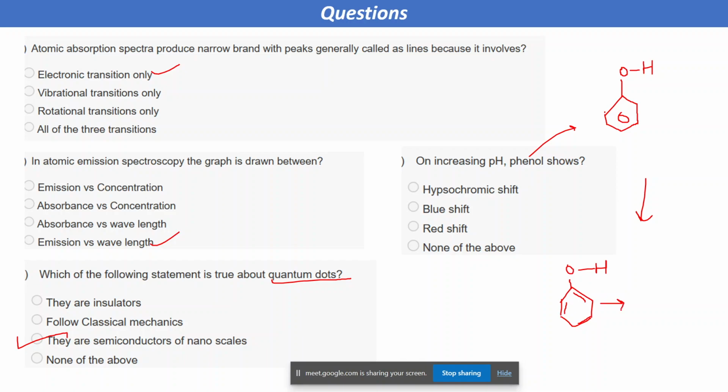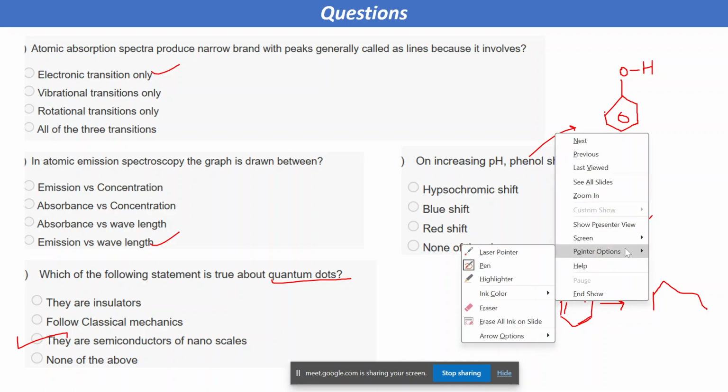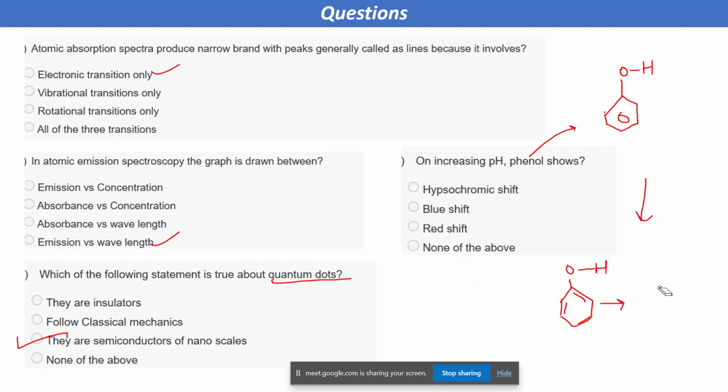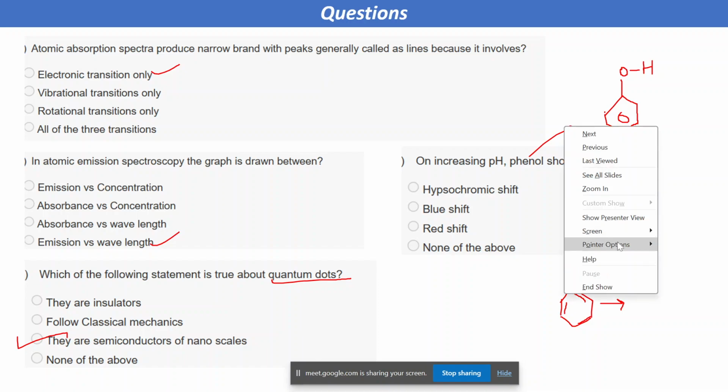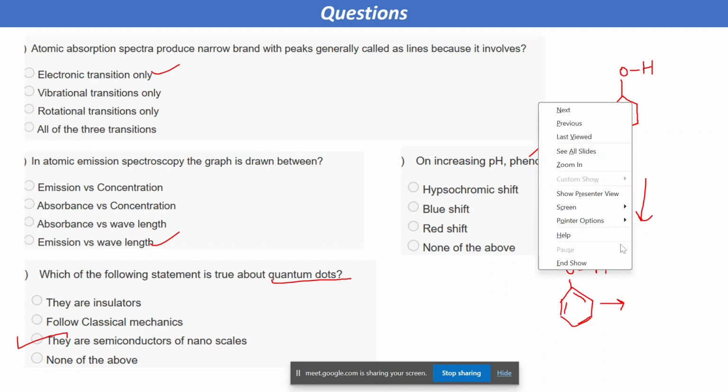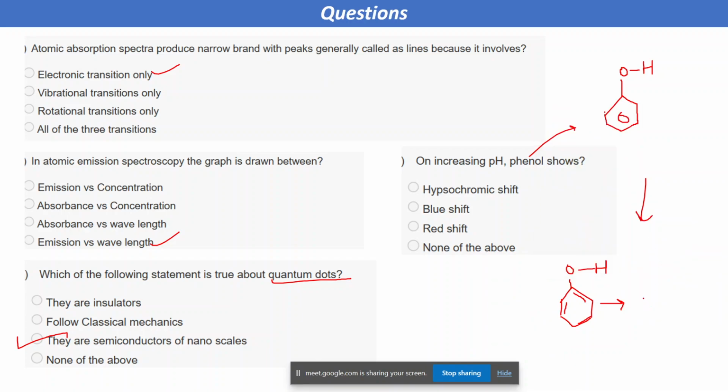Base can abstract a proton, so phenol can form the phenoxide ion. It acts as a phenoxide ion.